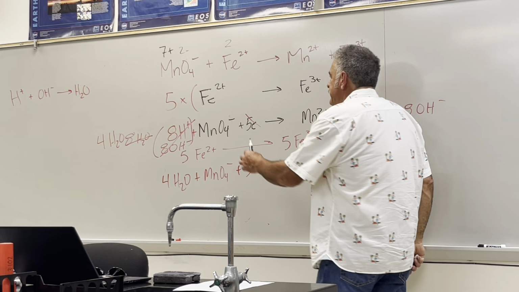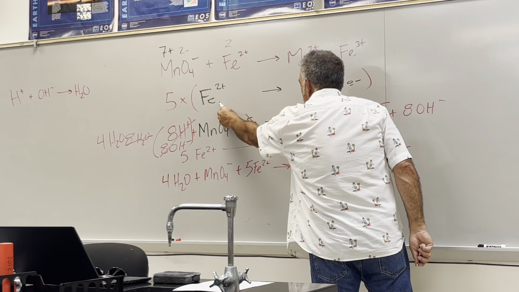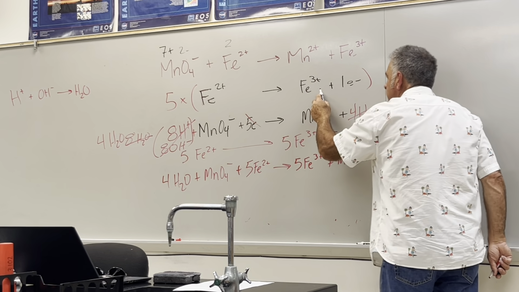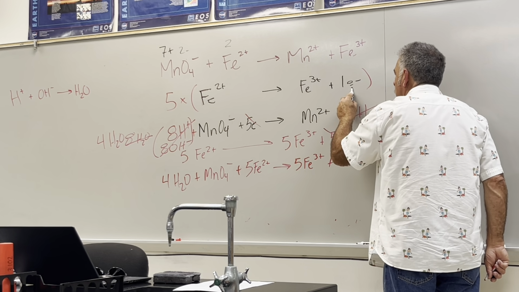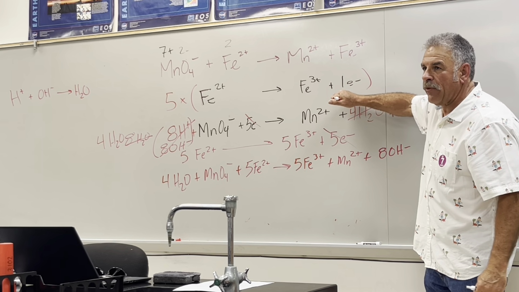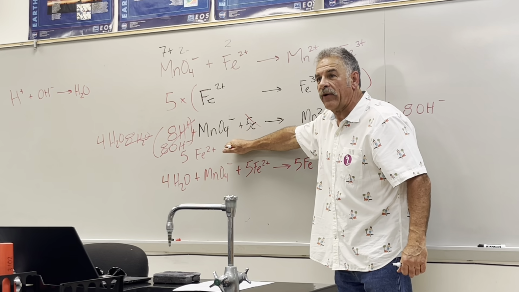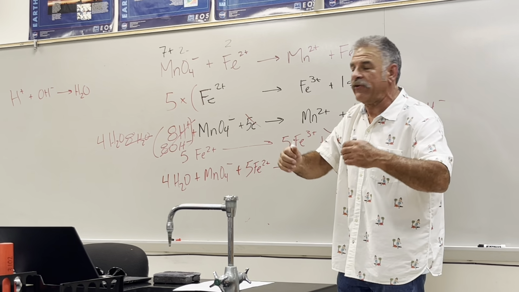Now, the second step is to break it up into half reactions. We group the similar reactants. So iron goes from 2+ to 3+ plus an electron. Remember, when you're losing an electron, it goes on the product side. When you're gaining an electron, it goes on the reactant side, right? We're adding an electron to something that exists.